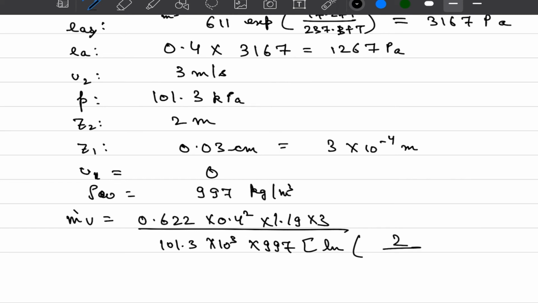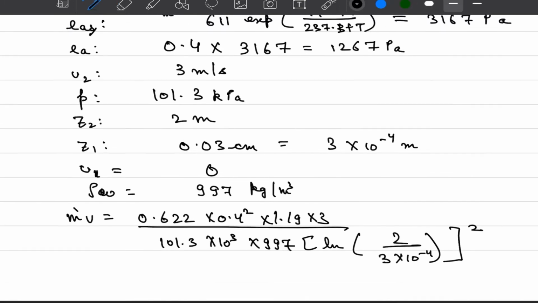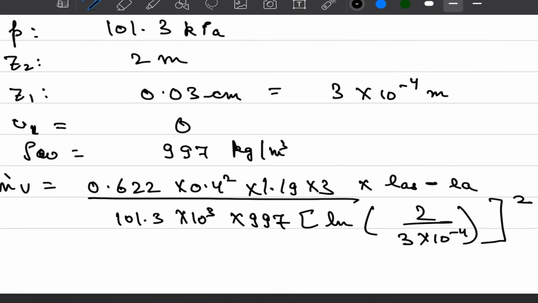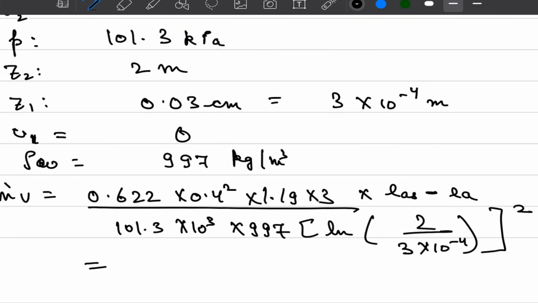Here we will have the log of 2 over 3 into 10 to the power minus 4, and the square should be outside, that is, we have to take the square of the entire log term, and this should be multiplied by EAS minus EA. This answer comes out to be around 8.68 into 10 to the power minus 8 meter per second, which when we convert to mm per day comes out to be 7.45 mm per day.